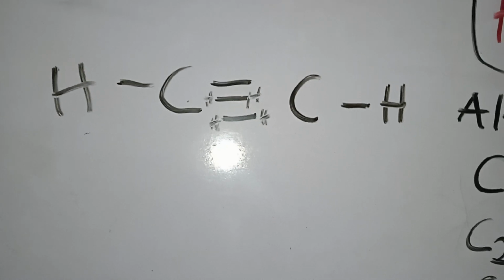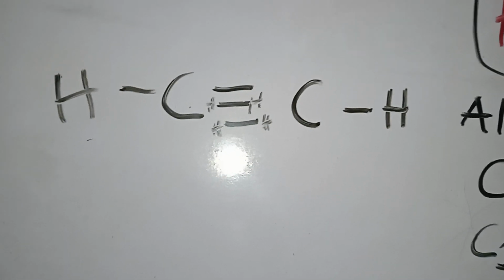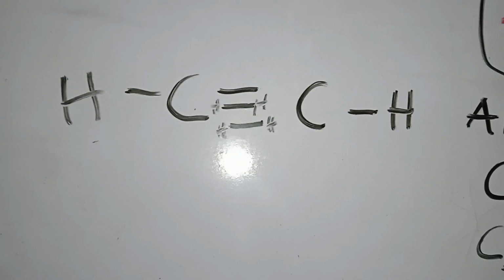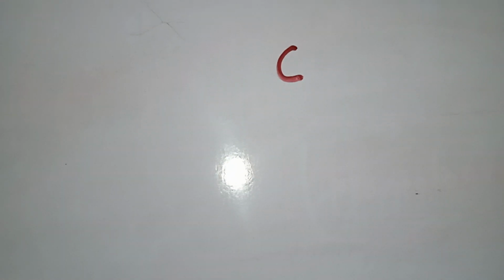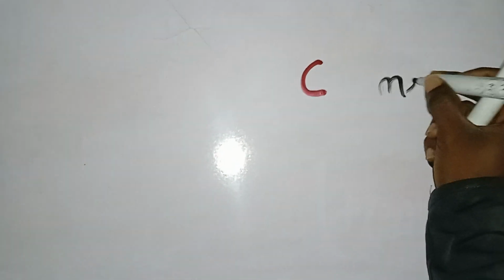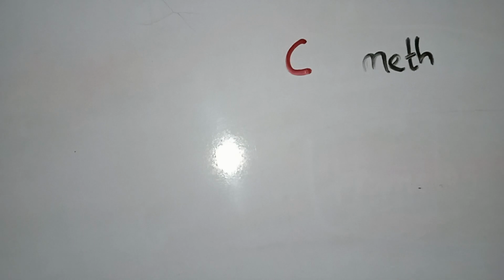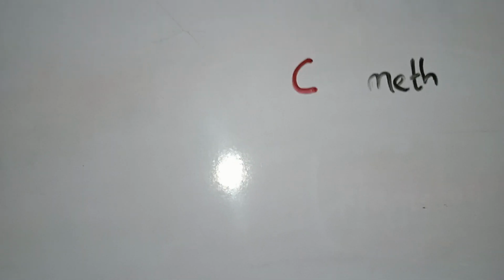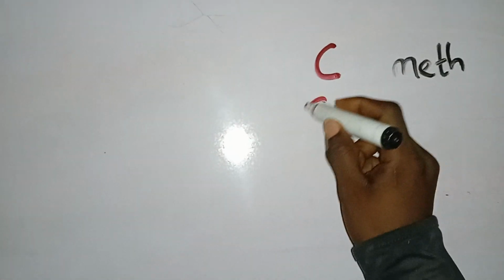Now we'll move to knowing the family name, which is homologous series proper. Now you need to know this. Now when I have just one carbon, this is called meth. When I have 2 carbons, I notice the question.